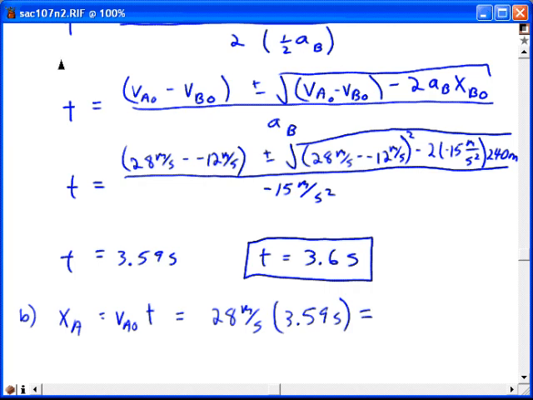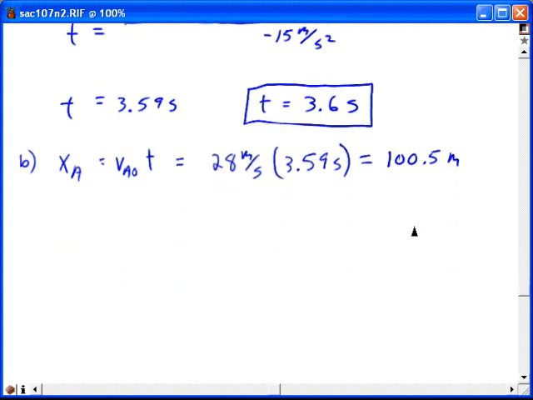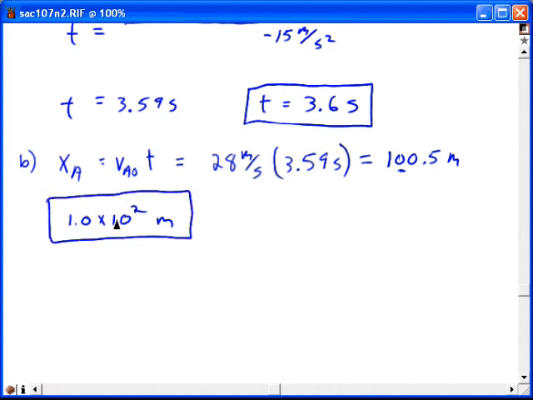I'll call it meters, which to 2 sig figs, I just want to round it to this place, would be 1.0 times 10 to the 2 meters. So 100 meters.